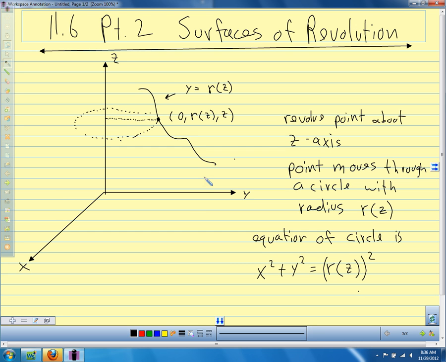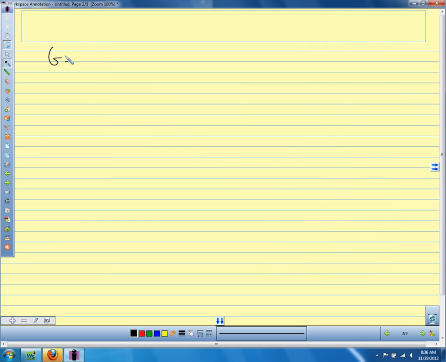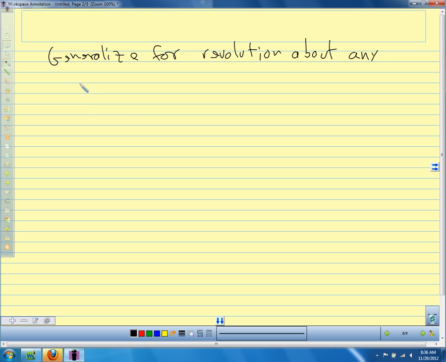If we generalize this argument for revolving a curve about any one of the three axes, we get three cases. These were revolving about the coordinate axes, and I'm going to say we have a radius function r.